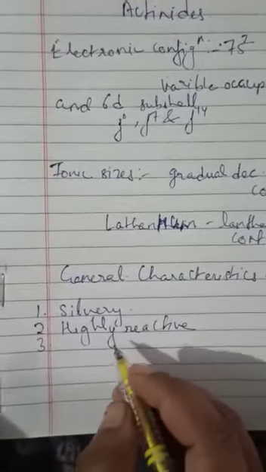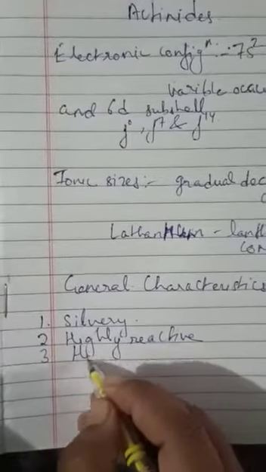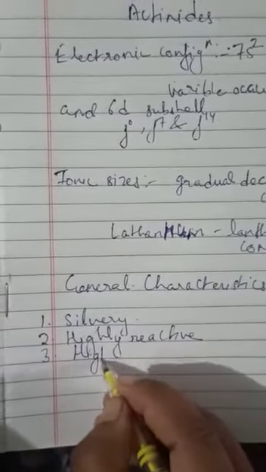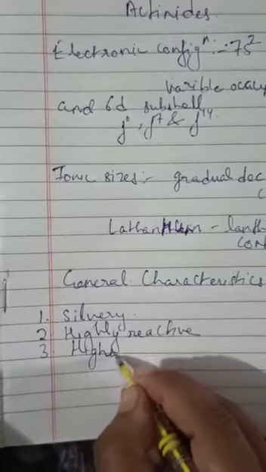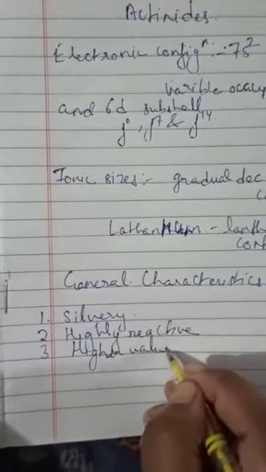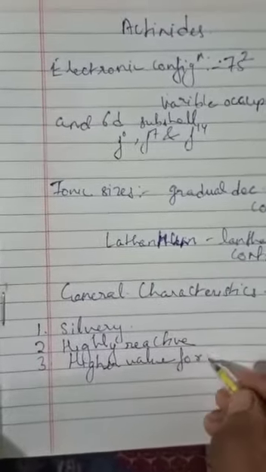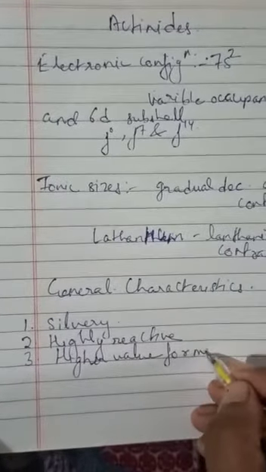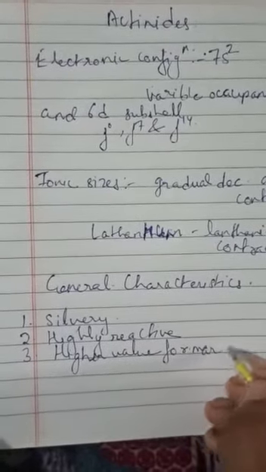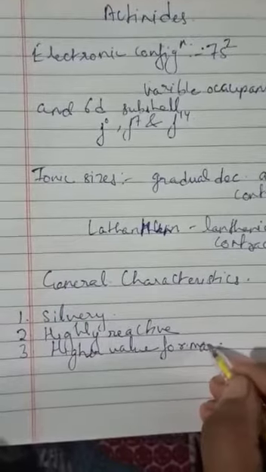The latter have the higher values. Okay, so they have higher values for paramagnetic nature, higher magnetism as compared to the actinides.